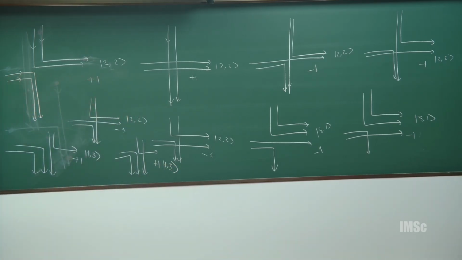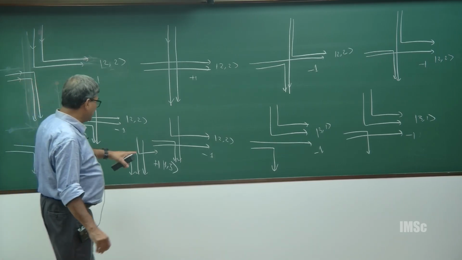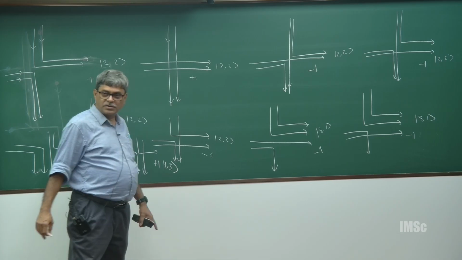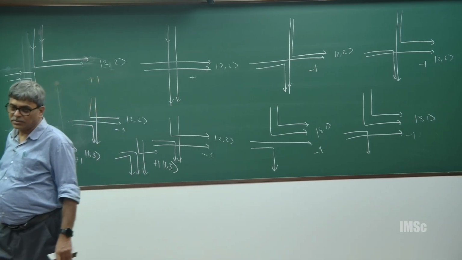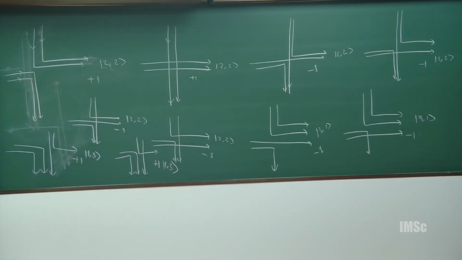Let's see. So you see that 3 1 and 1 3 terms will get cancelled, because 1 3 has both positive and negative. Similarly, 3 1. So you are saying that if even comes in, the odd combination will always be 0. In this case, yes. So therefore, you can now figure out the state here.